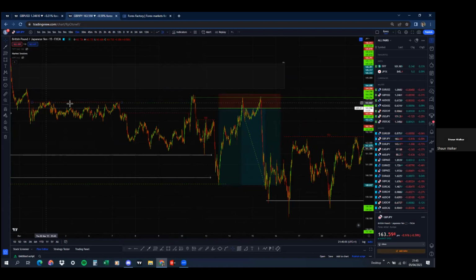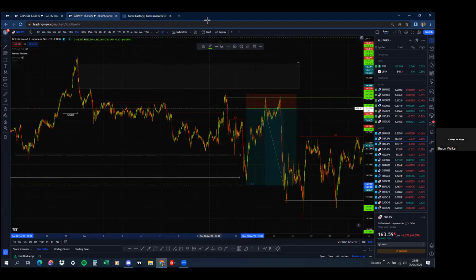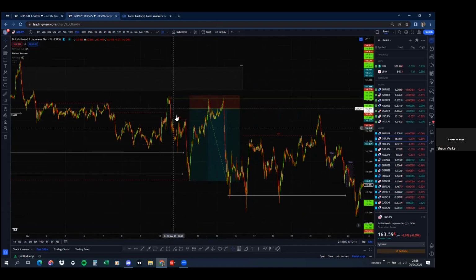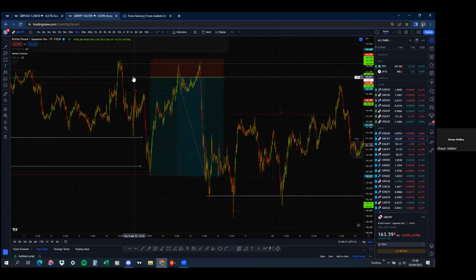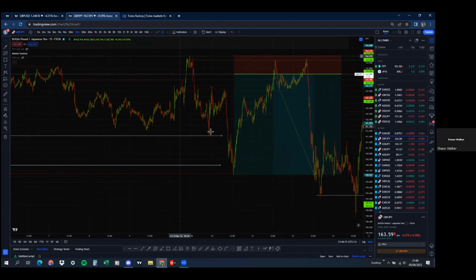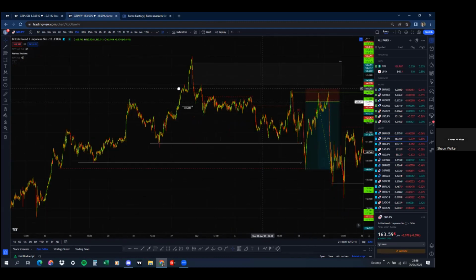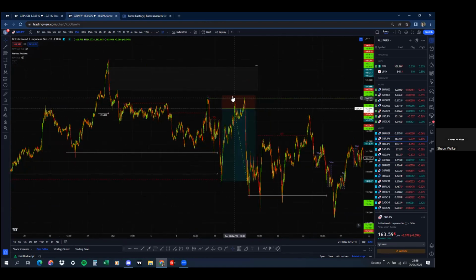I use the red dotted lines for liquidity taken, and the green ones for liquidity that needs to be taken. So it's basically tagged into this area here, this POI, and that's your high, your low. It's just respecting the order flow, basically. You could have had your stop loss just above there.